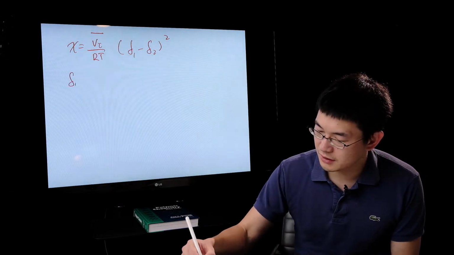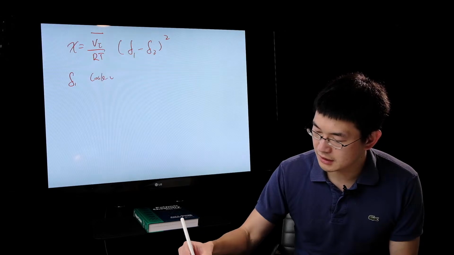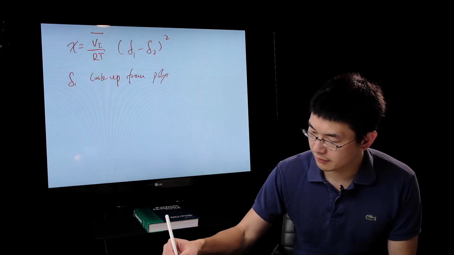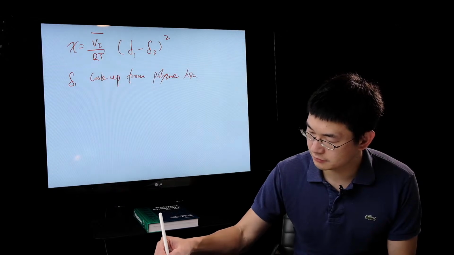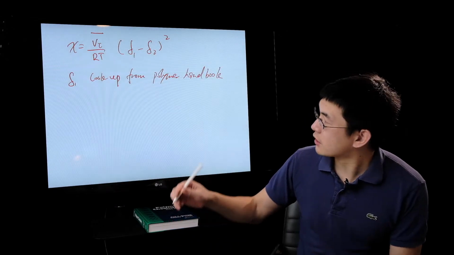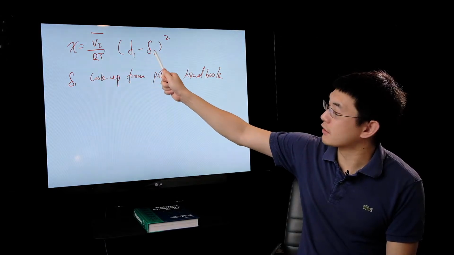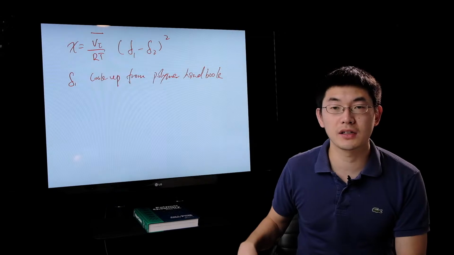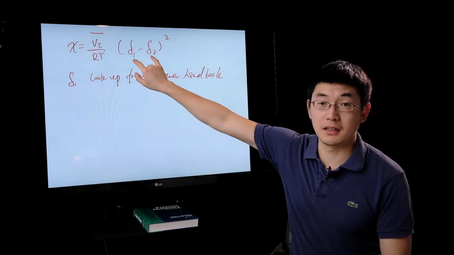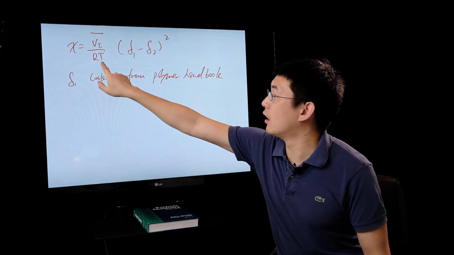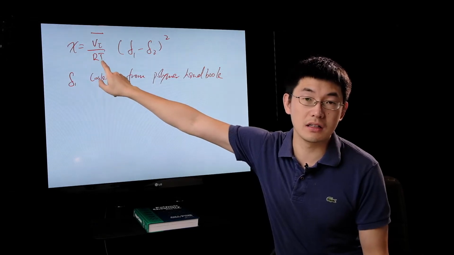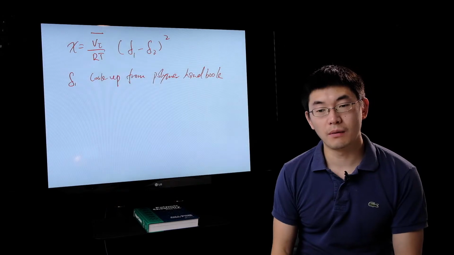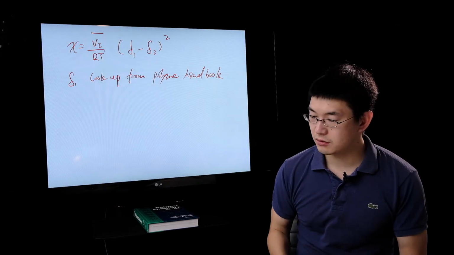This delta 1, you can look up from any polymer handbook. Okay? So delta 1, delta 2. If I know my toluene and if I know my hexane, what I need is just to plug in, and R is a gas constant, T is temperature, Vi is a unit volume of each of your molecules.